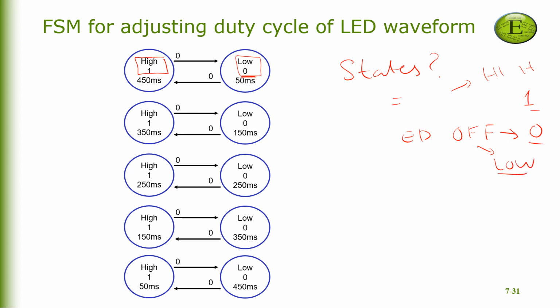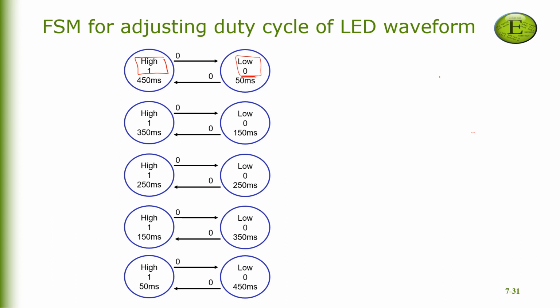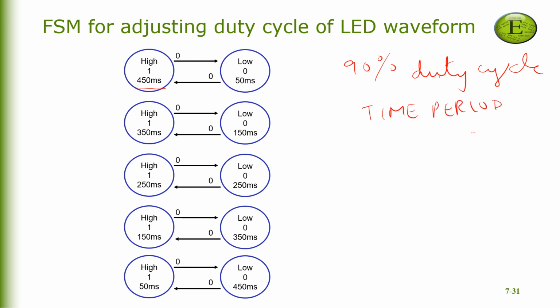All right, so with that in mind, we can have an on state and off state, but we would like to work with multiple 0 and 1 states, as I can show here. So initially with 90% duty cycle, if the LED has just turned on, and assuming that the total time period, one thing that is not mentioned here, is 500 milliseconds.